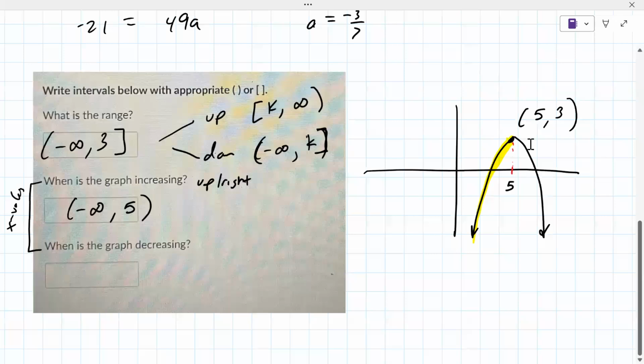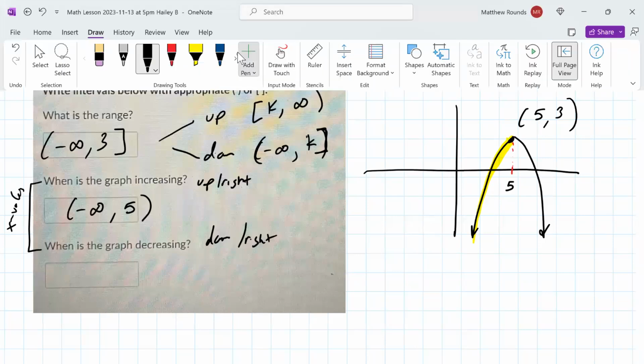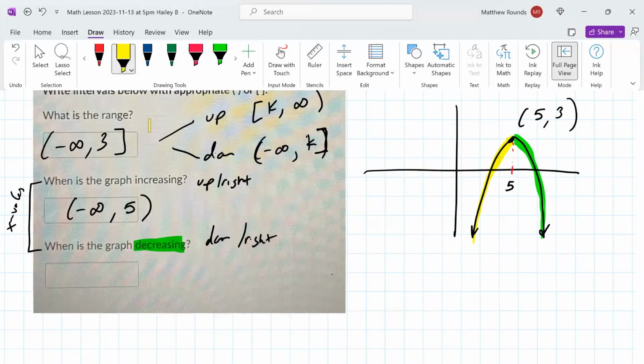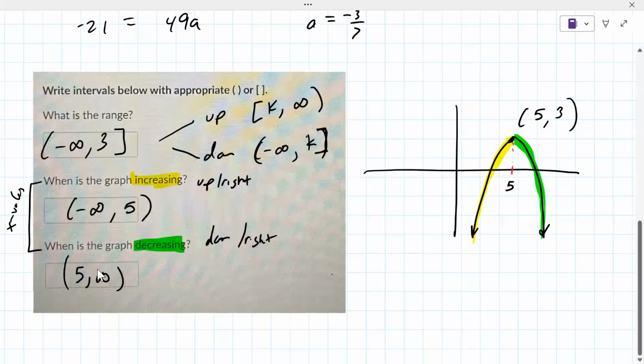Now decreasing is when you're going down and to the right. So this region over here. And again, it's the x value, so it's 5 to infinity. So infinity means right, negative infinity means left.